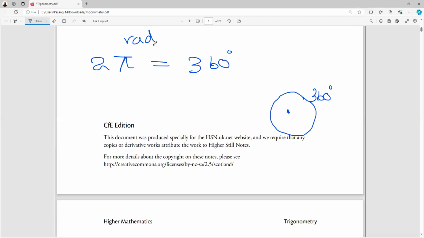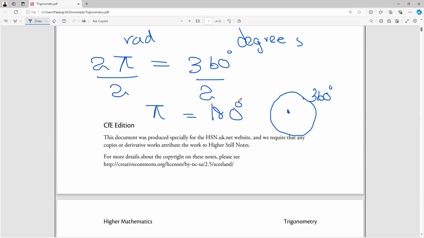If it's radians, we normally symbolize it as rad. Rad defines radians, and here 360 degrees. From that, by dividing both sides by 2, you get the relationship π equals 180 degrees. π means the radians, 180 means the degrees. Is it clear? Yes, teacher. That's the first thing you should know.